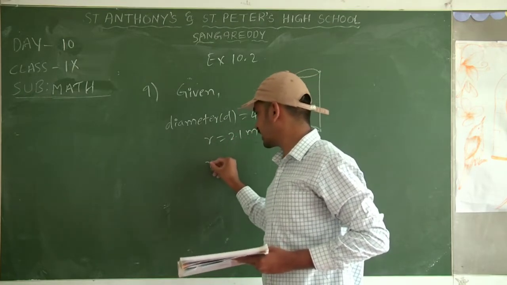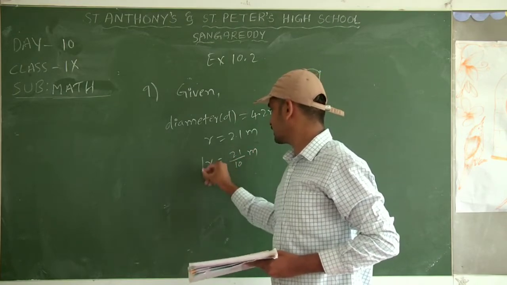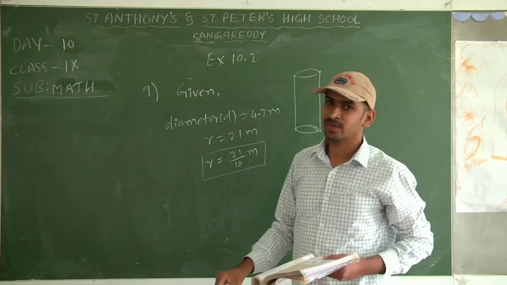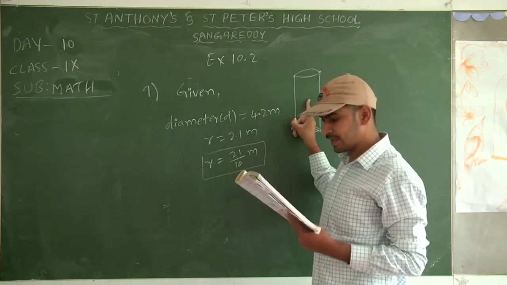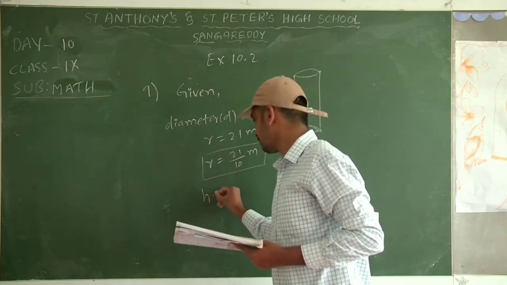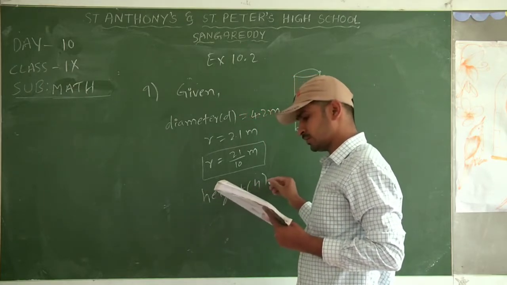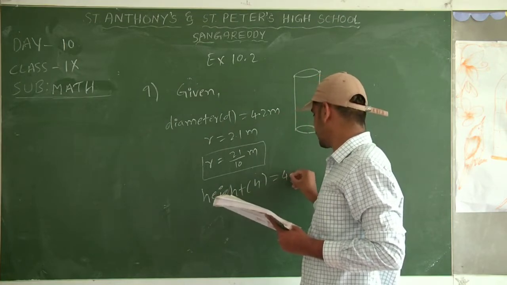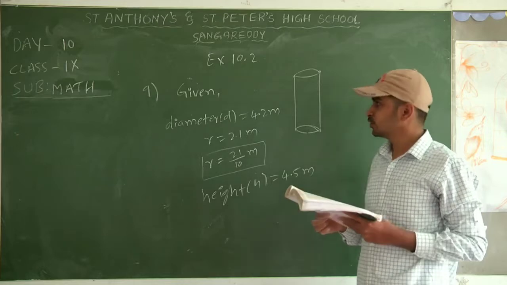I want to write the fraction 21 by 10 meters. This is the radius of the petrol tank. Next, height of the petrol tank is given, h equals 4.5 meters.